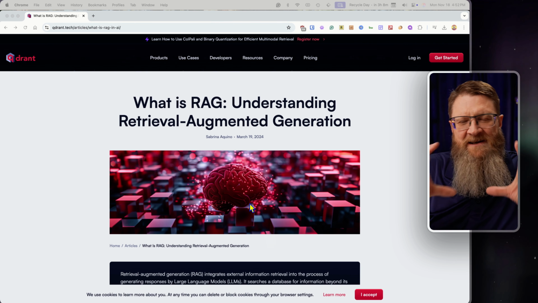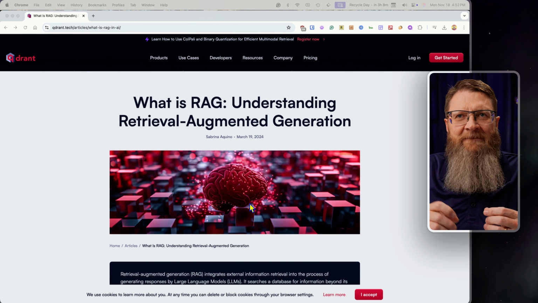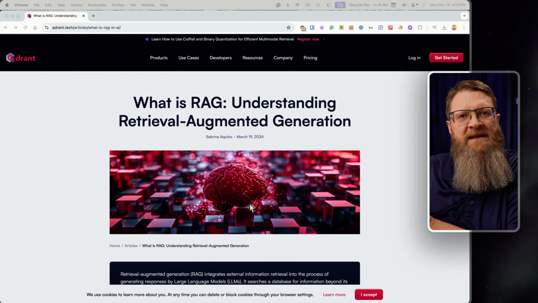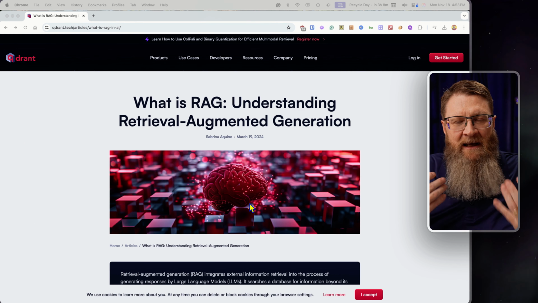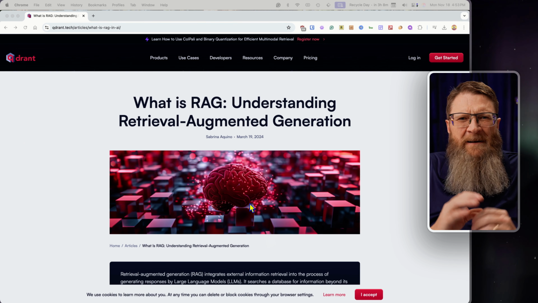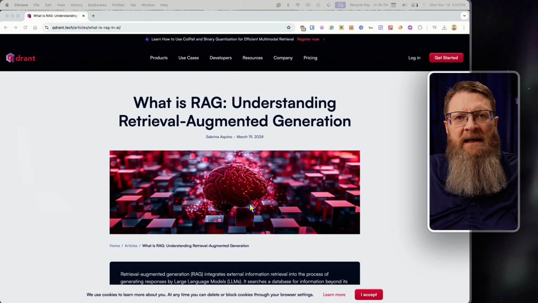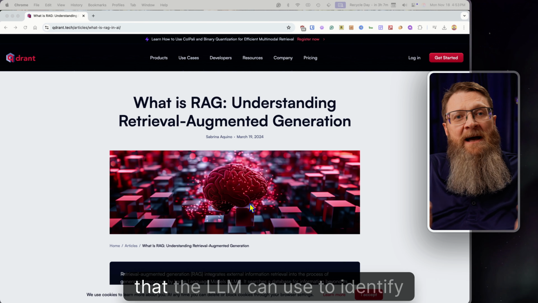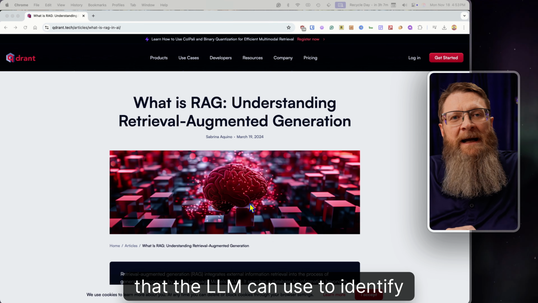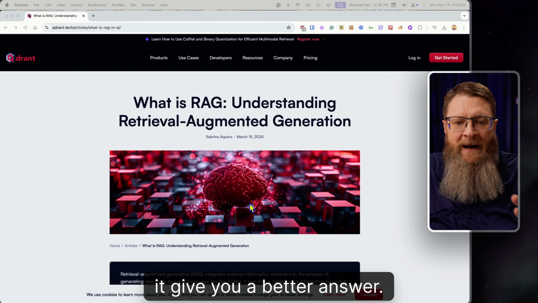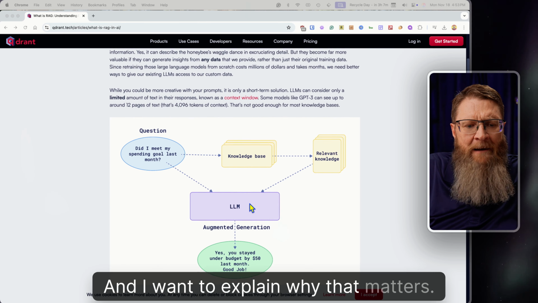So for every piece of text that goes in, it will take a numerical temperature of 1536 different variables and give you a score based on that. Again, it doesn't matter. You just need to know that part of your data is taken and created into a form that the LLM can use to identify documents that you've uploaded to help it give you a better answer. And I want to explain why that matters.